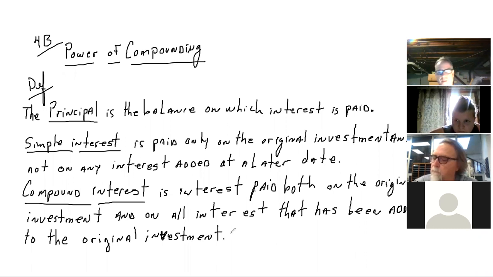So in my little simple example of $1,000 and ridiculous, what we will end up calling APR, annual percentage rate, of 10%, and let's just say we were compounded annually. And when you hear the word annually, that means a year.